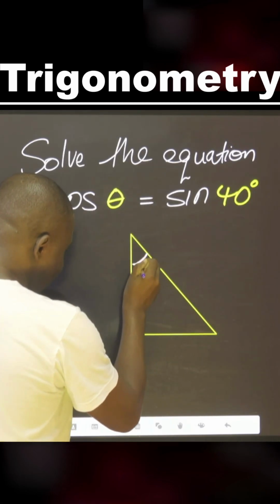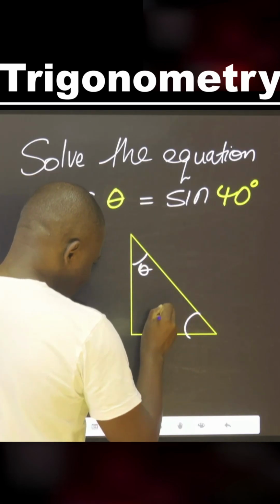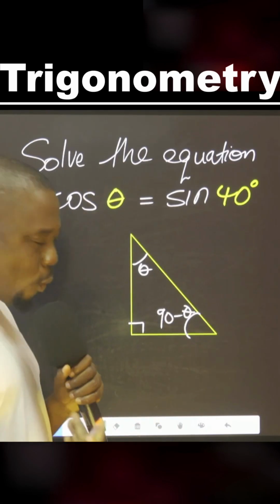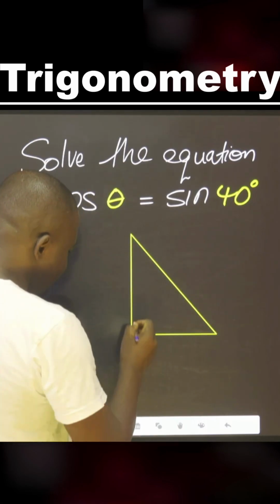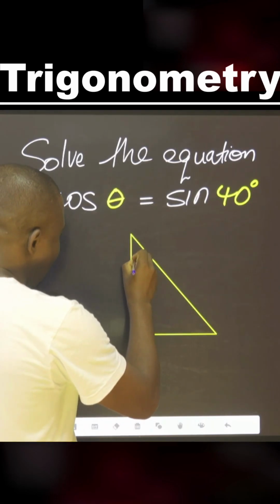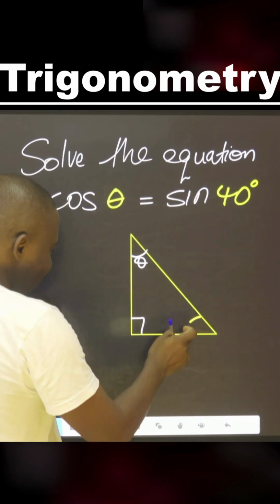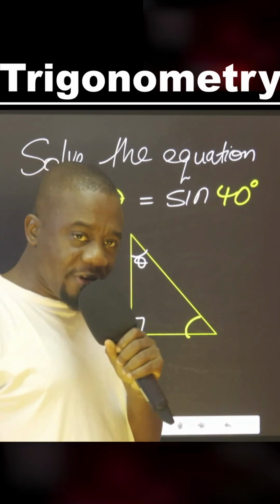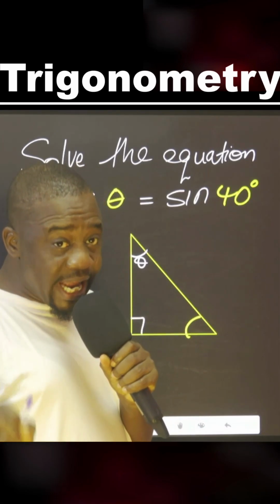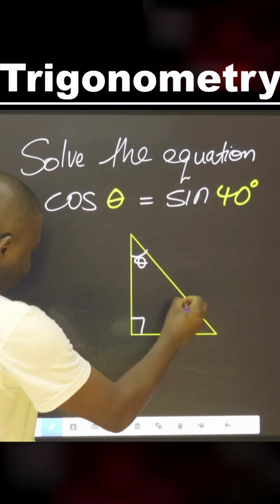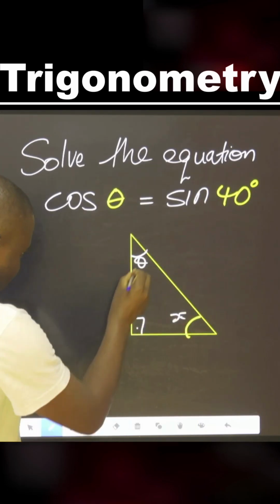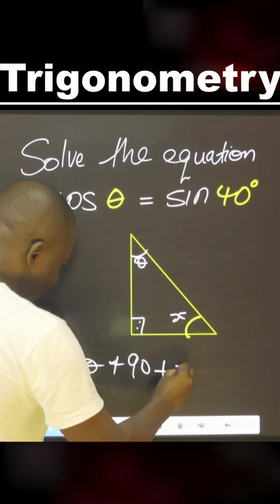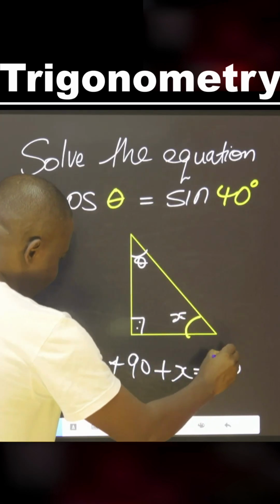if here is theta, here is 90 minus theta, here is 90 degrees. Why like that? Because if this is 90 degrees, and here is theta, to get here, you agree with me, the sum of angles of a triangle is 180. If I put x here, theta plus 90 plus x is equal to 180.